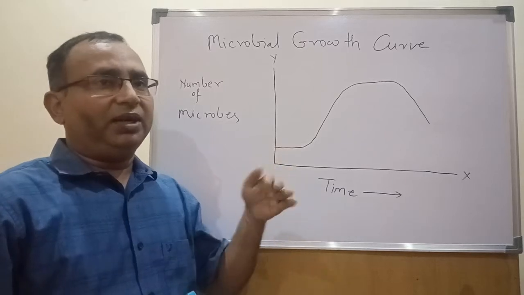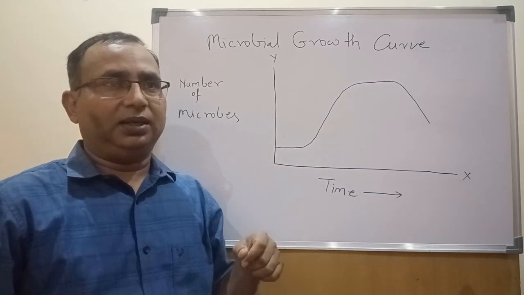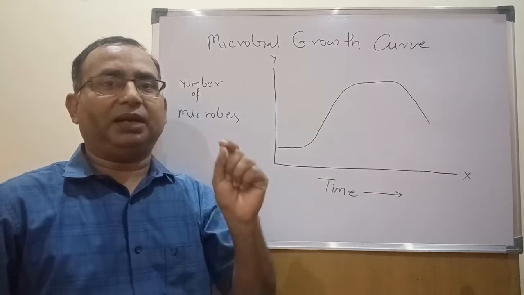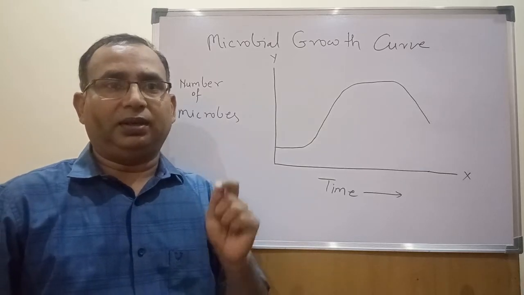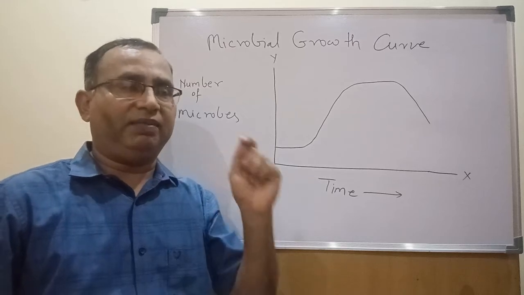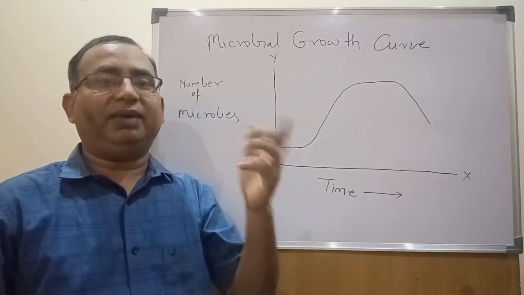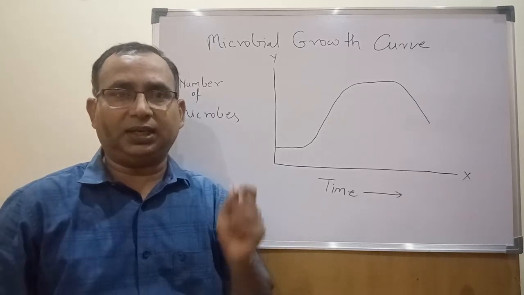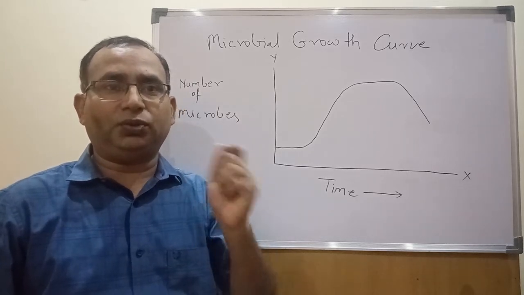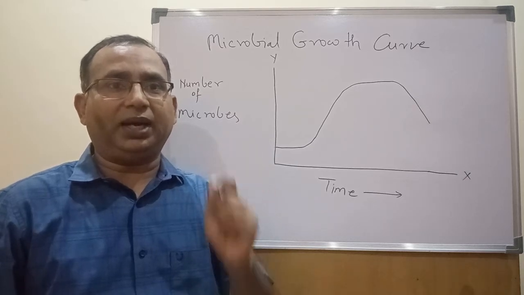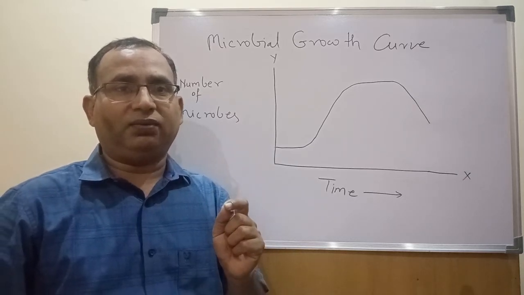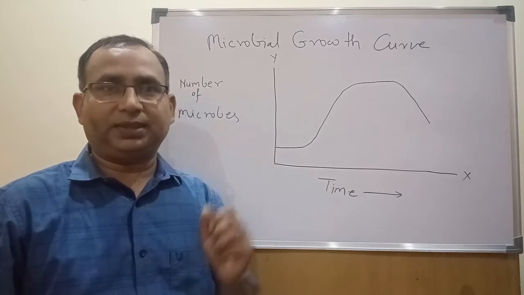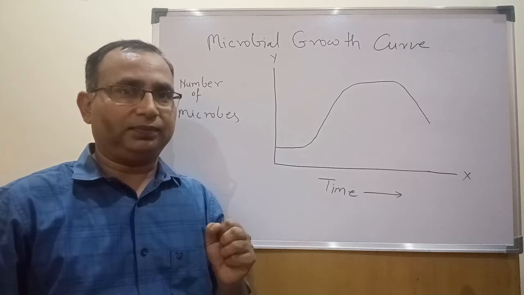So, whenever we have to look at the microbial growth curve, we have to take some definite amount of microbes or living cells or living entities, and for their growth and development we have to select a particular nutrient medium which should have all the required nutritional components for proper growth and development of the selected living species or microorganism.